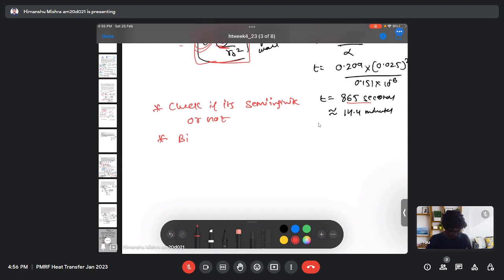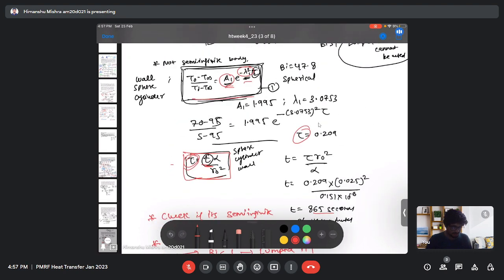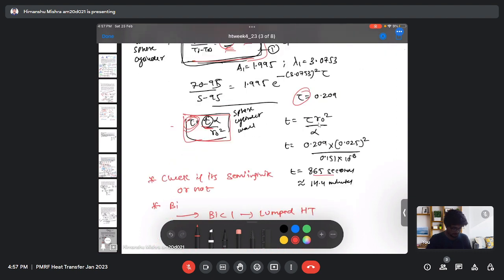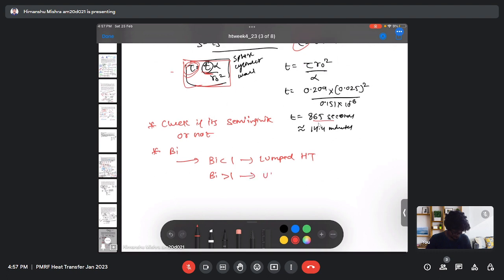If Biot number is less than 1, go with lumped heat transfer analysis. If Biot number is more than 1, then use this temperature variation relation and use the charts to find the coefficients A1 and lambda 1. So this is the basic route to solve any transient heat conduction process.